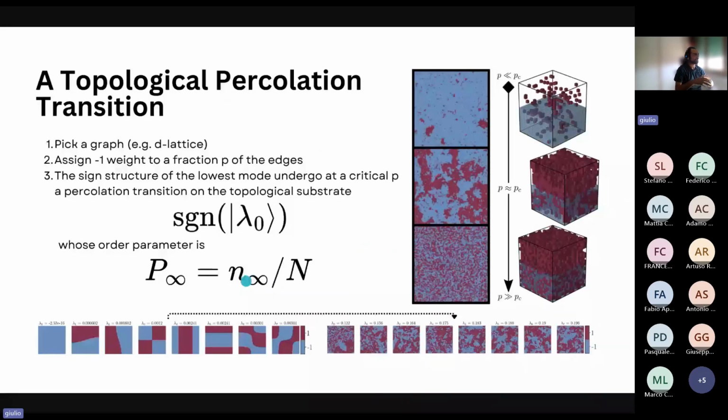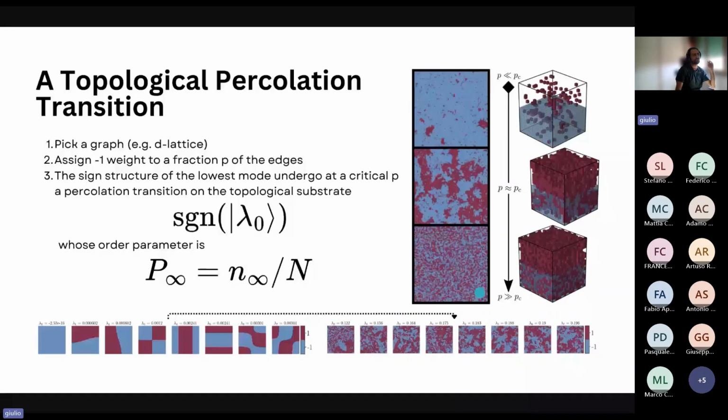It turns out that if you pick a graph and assign -1 weights to a fraction p of the edges, then take the sign of the lowest eigenvector and reproject it on the topology itself, you can define an order parameter that describes a percolation transition.